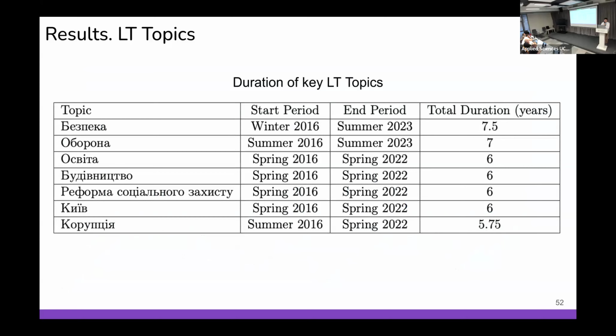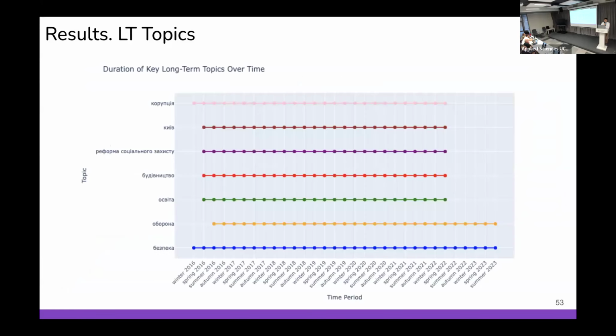The longest topics discussed were defense and safety, approximately 7 years, then education, construction, social political reform, Kyiv, which lasts for 6 years, and finally corruption, almost 6 years. Here we can see the timeline of when it started and when it finished.